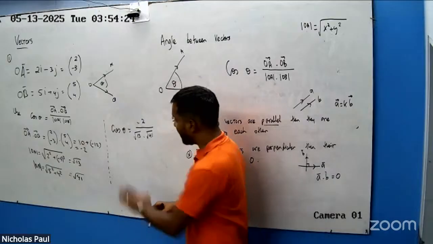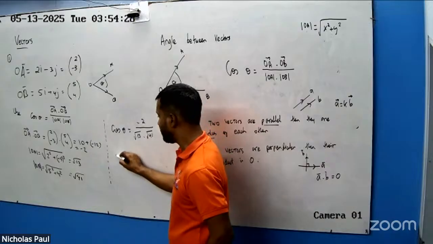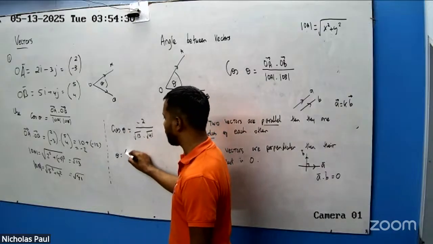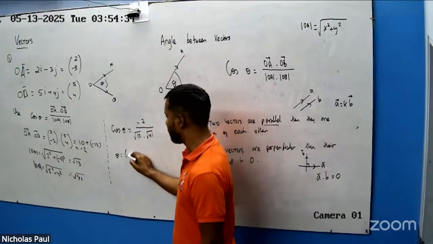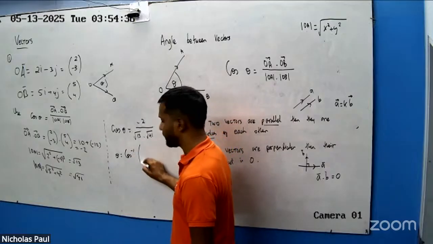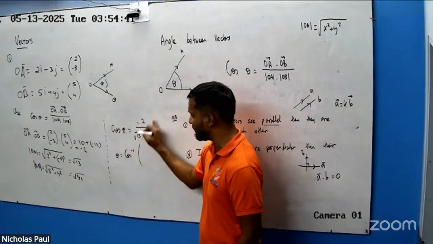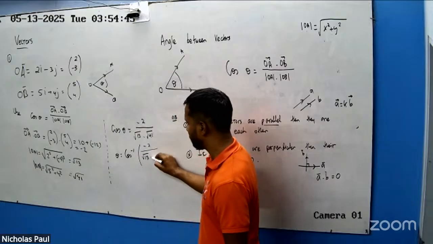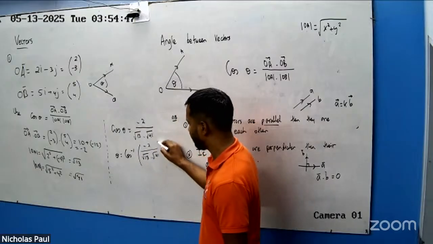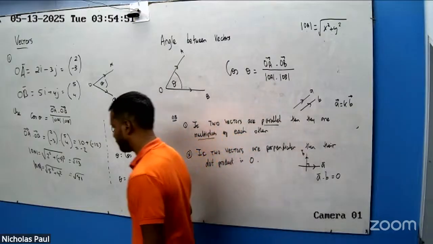Again, don't work this out as yet. You don't want to round off. All you have to do now is carry cos across, you'll get cos inverse of this. And then put this whole thing in the calculator and tell me what you get for theta.